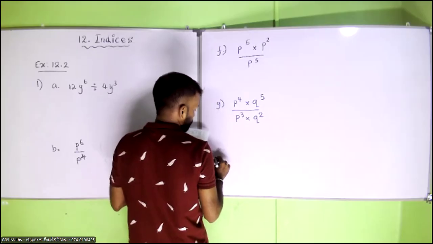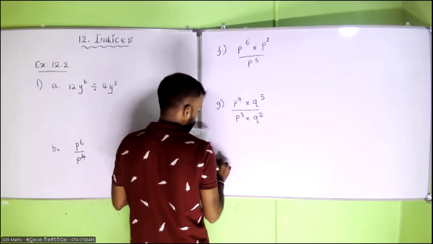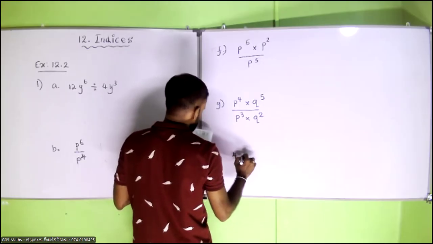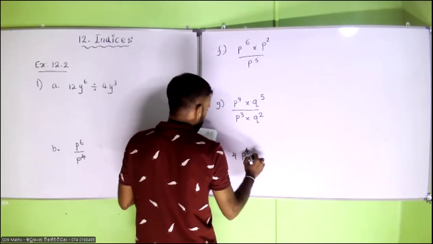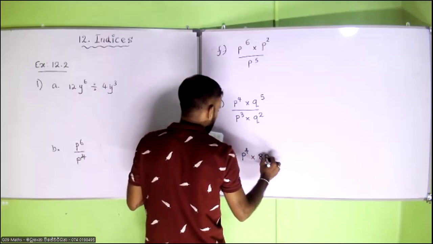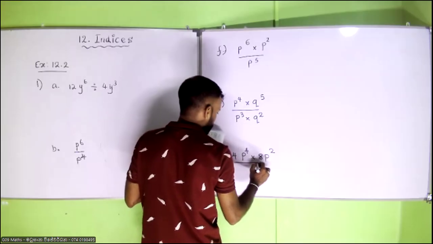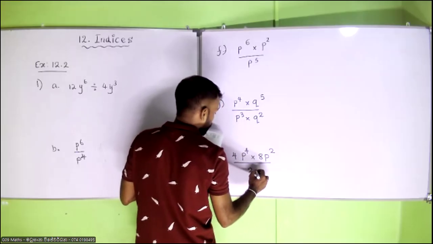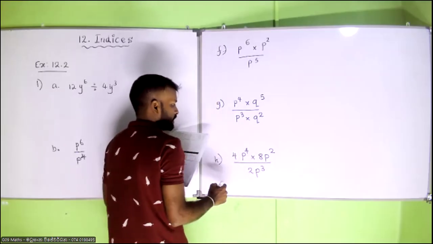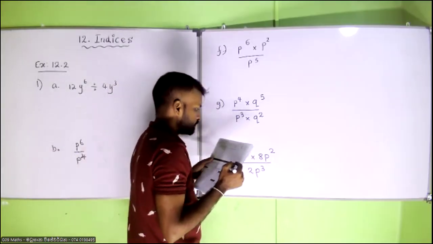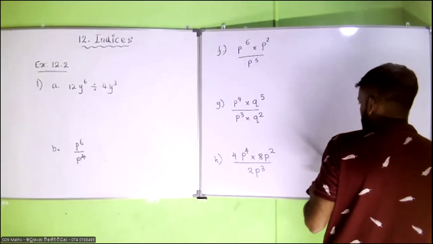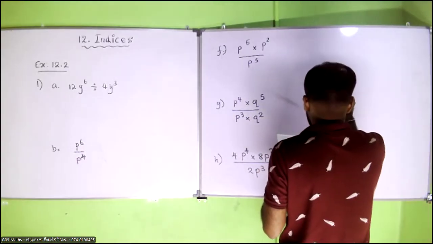Then do H. 4 P to the power 4 times 8 P to the power 2 divided by 2 P to the power 3. You have to simplify the numerators and denominators. Then do part L, the last one.